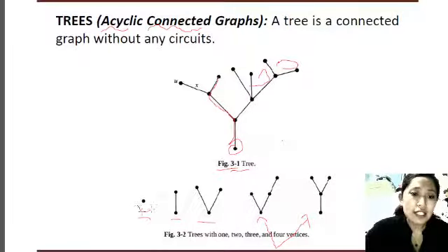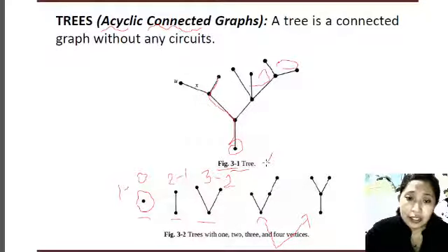In the first example, when the number of vertices is 1, the number of edges is 0. In the second example, when the number of vertices is 2, the number of edges is 1. In the third example, with 3 vertices, the number of edges is 2. Similarly, in the fourth and fifth, both have 4 vertices, and in both drawings you can see that the number of edges is 3.